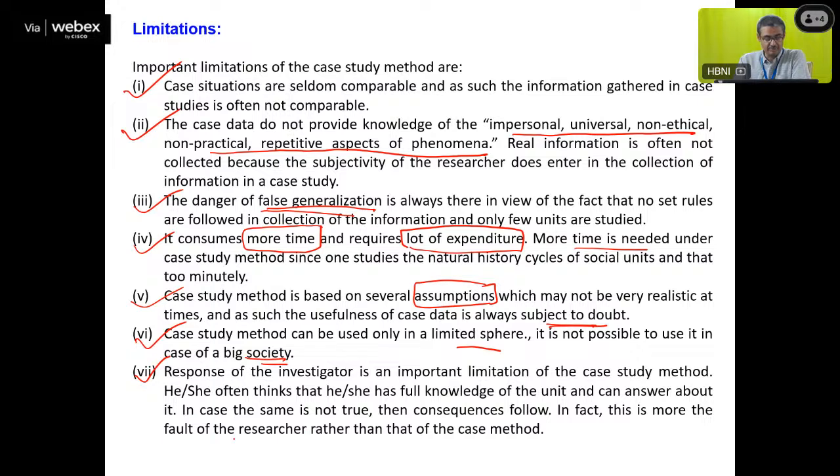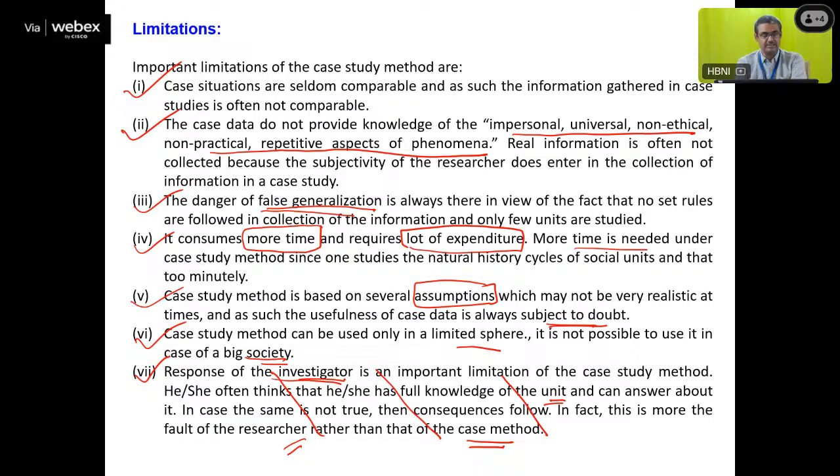In fact, this is more the fault of the researcher rather than the case study method. So we can omit this as a disadvantage of the case study method. This is more of the investigator.